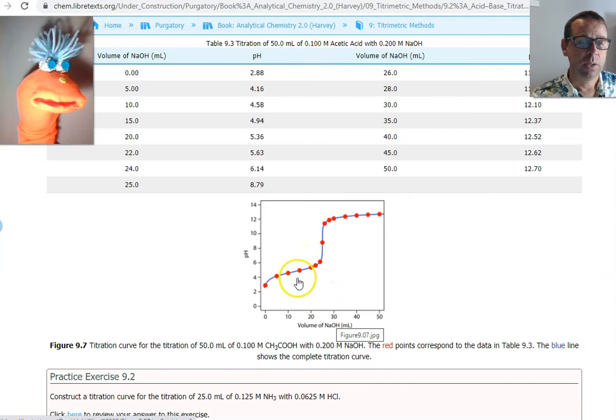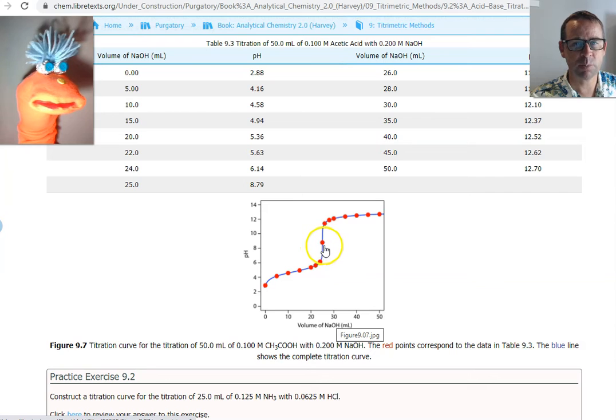Okay? So, when you're titrating a weak acid with a strong base, the pKa is going to be different, right? It's always going to be different. Even if it's two strong acids, it's always going to be different. But then also, the equivalence point, the endpoint, is not going to be at pH 7.